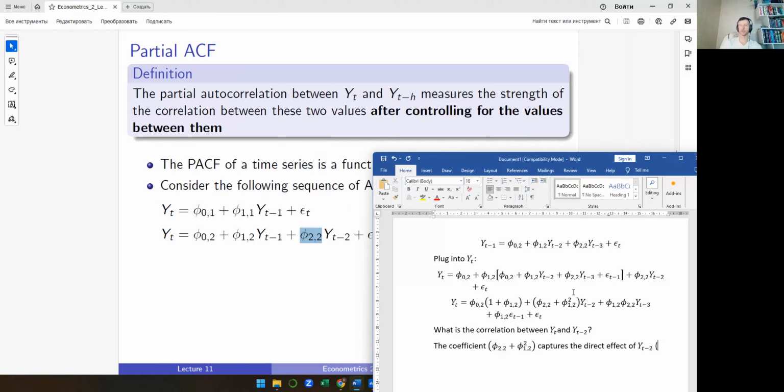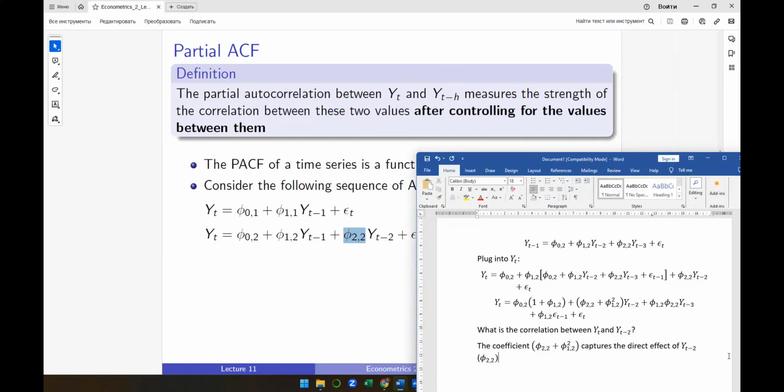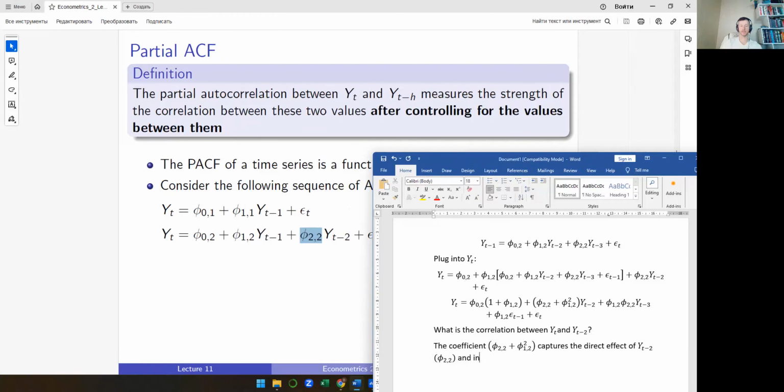So this one is phi 2,2. And there is also an indirect effect, through y t minus 1, of y t minus 2. And this indirect effect is this part, so phi 1,2 squared.